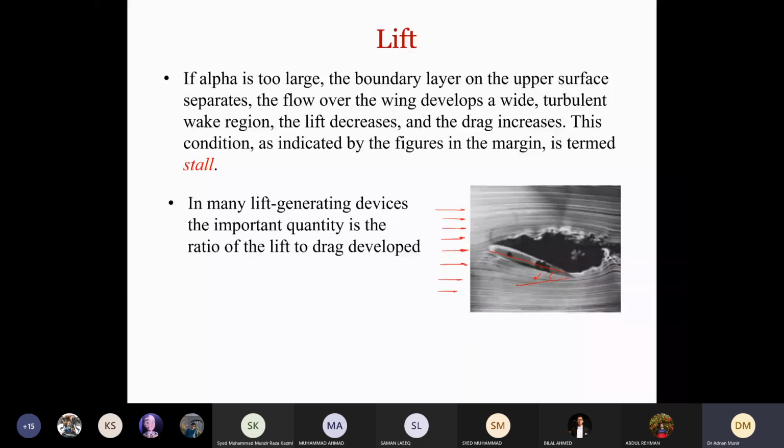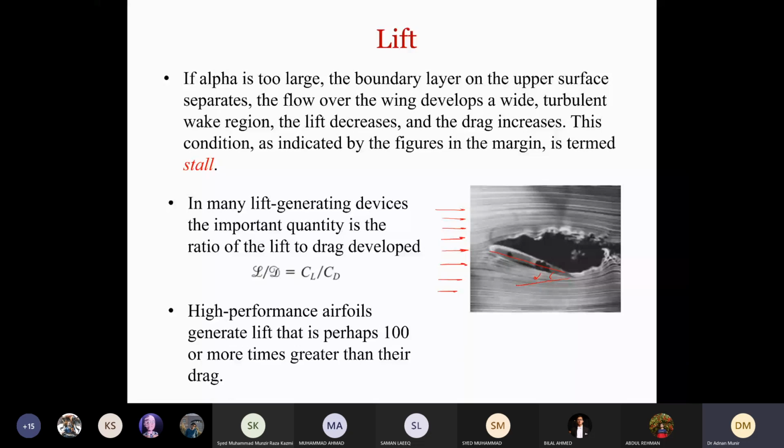In many lift generating devices, the more important quantity is the ratio of the lift to the drag developed, indicating a higher performance aerofoil. Mostly the two figures that I showed you earlier, we had CL versus alpha, and then we had CD versus alpha.